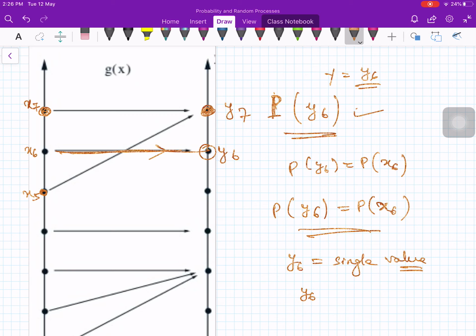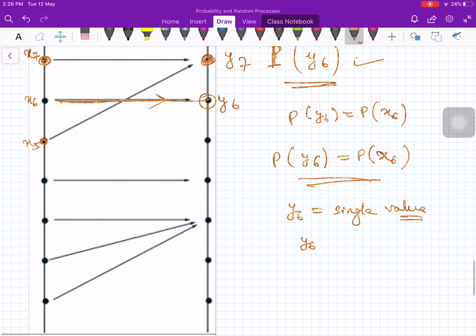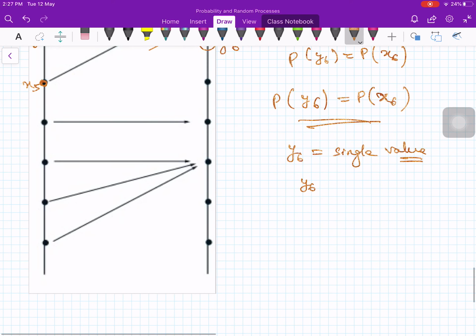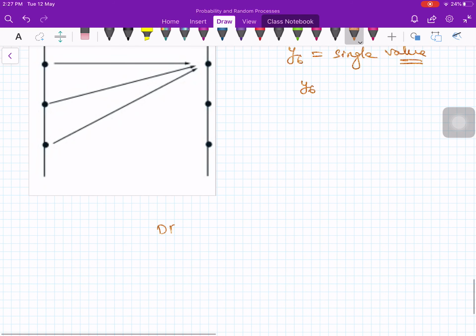So we need to do something more. What can be done? We want to actually find perhaps the density function, the density of y, as opposed to the probabilities of individual y's. In the discrete case, we talked about the probability mass function. In the continuous random variable case, we talk about the probability density function.